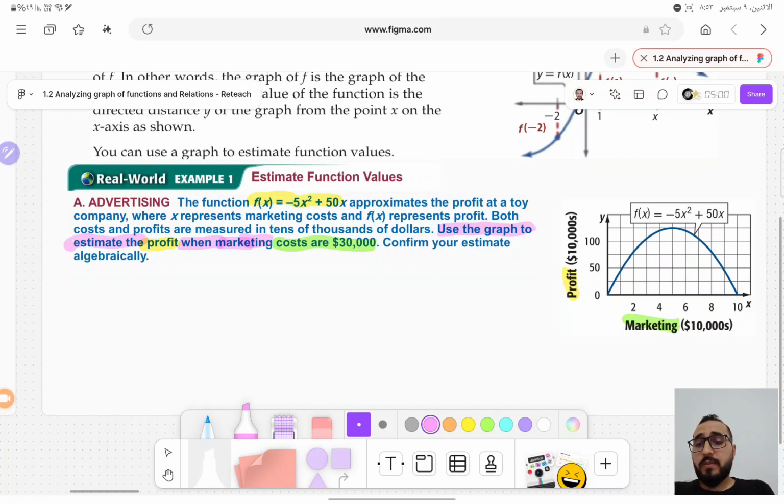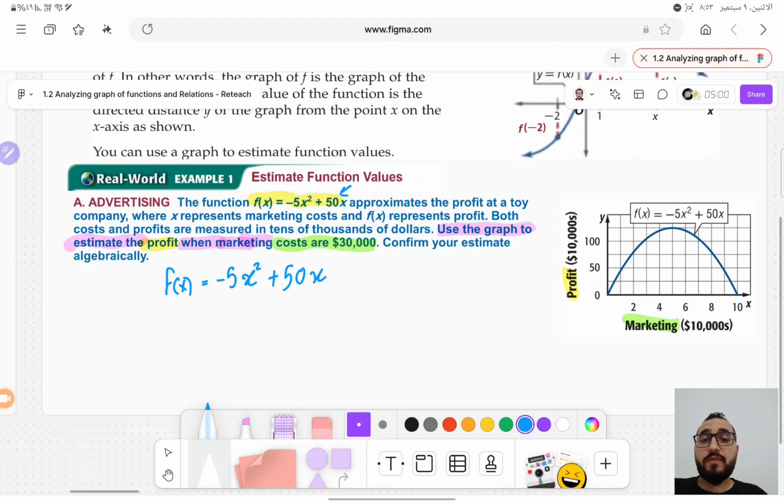Then confirm your estimate algebraically. First, let's write the function here: f of x equals -5x squared plus 50x. This is the function given here. Now look at the cost given. The cost here is 30,000, and as you can see, x is represented by 1, 2, 3, 4, 5, 6, 7, and so on.